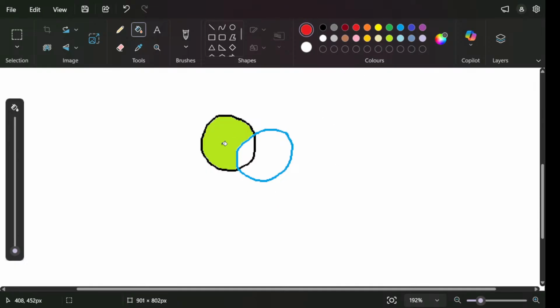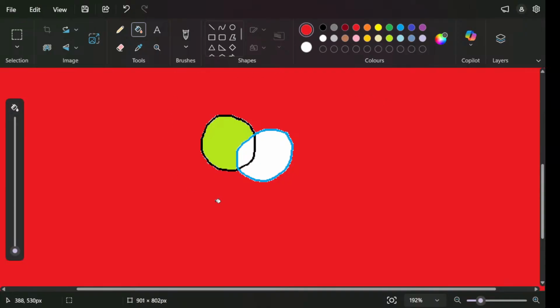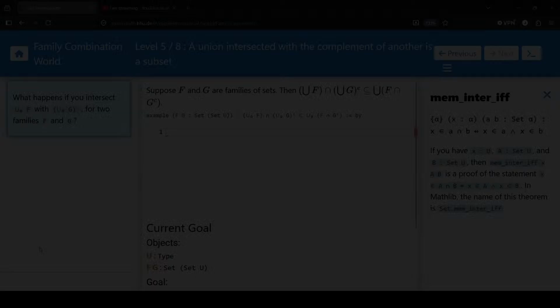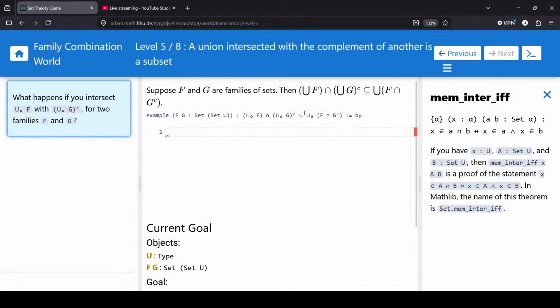So this is a subset of the intersection of this with this. Okay, I mean, that makes sense. Yeah. So in this case, it would be exactly this. All right, I'm gonna roll with that. We'll see how that goes. Temporary black screen. Don't worry.